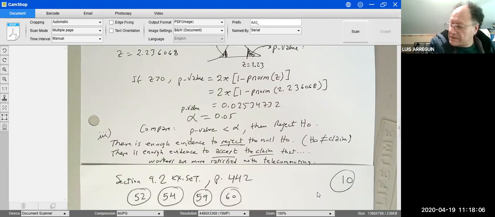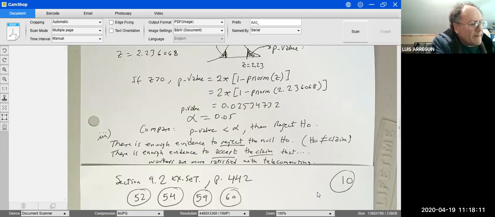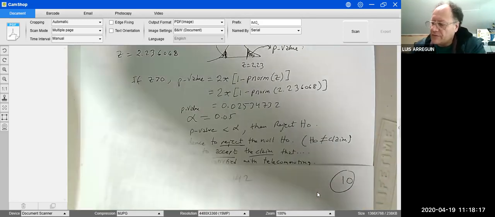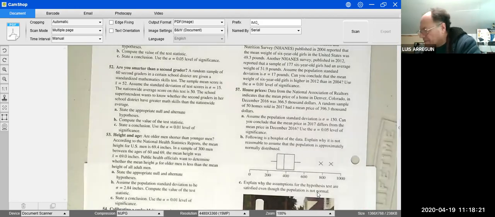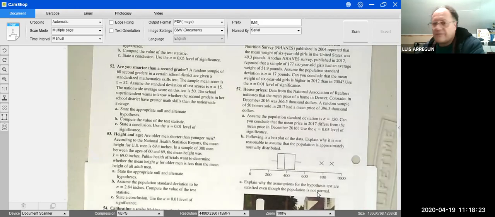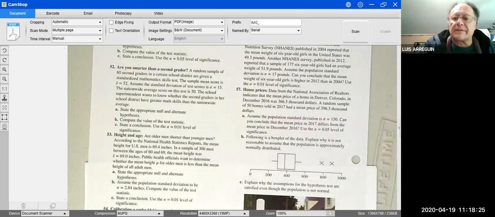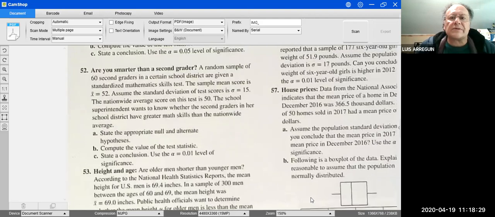So let's see, this is on page 442. Let me look for you to see the problems. Okay, 52 and 54. I'm going to project first 52, then you're going to see 54 and the others. Okay, 52 is here.